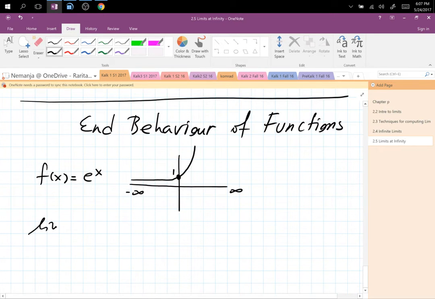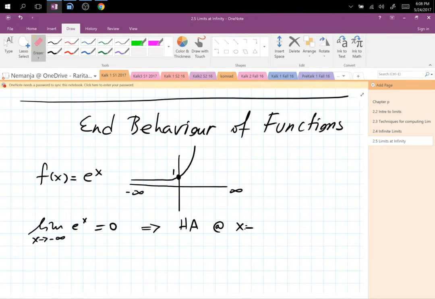If I write limit as x goes to negative infinity of e to the x, we already know we're getting 0. And that is the horizontal asymptote at y equals 0. But you can also say limit as x goes to positive infinity of e to the x and get infinity.